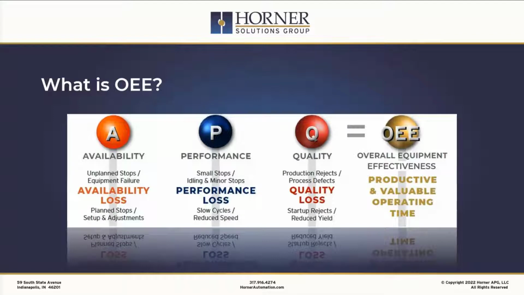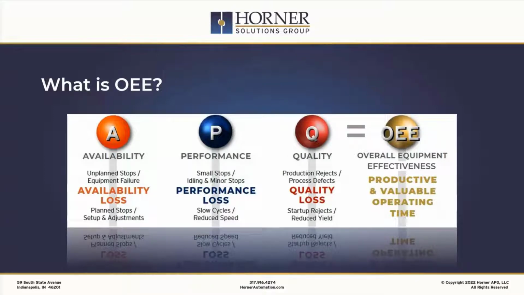The second parameter that we look at in OEE is performance, and this is production of whatever they're making, a part or whatever it is they're making at that work cell. On the performance side, we look at total parts made, and we have an ideal cycle and part count that should be produced within a time slot.